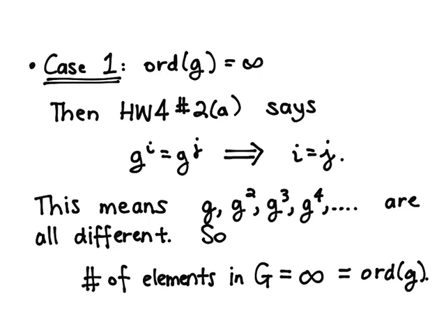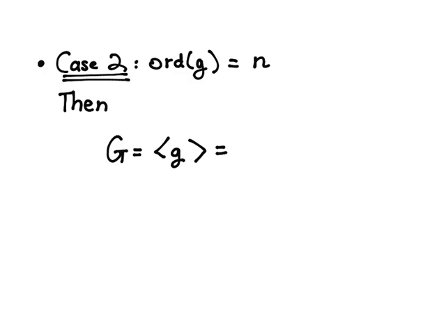How about the case, though, where the order of g isn't infinity, but instead is just some particular finite number, like 4 or 5? So let's give a name to that order in this case. Let's say the order of g is some particular number n, and then let's start writing out the elements of the subgroup generated by g. It would have the identity and g squared and so on.